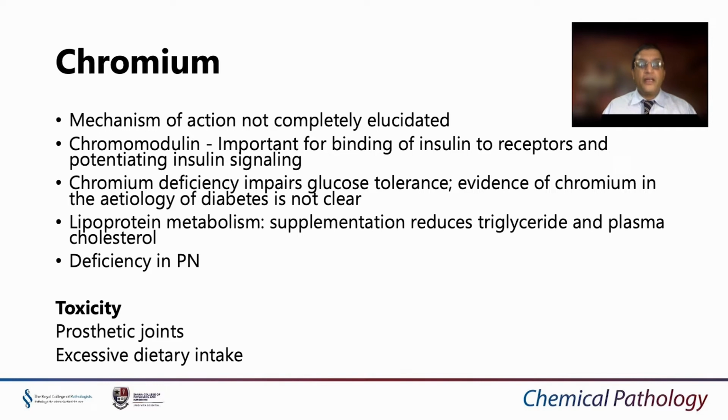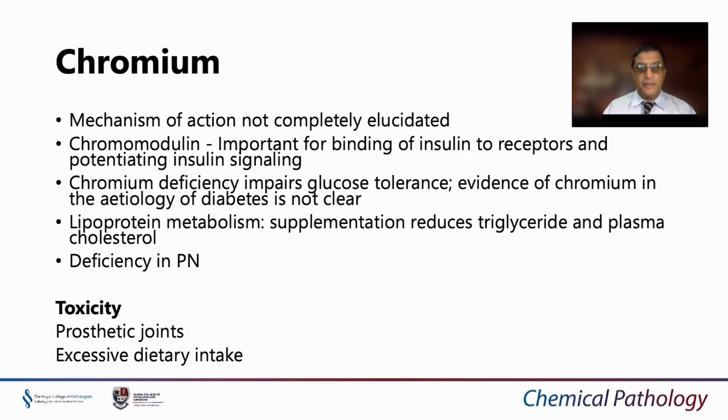Chromium. Chromium's mechanism of action is incompletely elucidated, and chromodulin is thought to be important for its role in insulin signaling. Chromium deficiency impairs glucose tolerance. However, its role in diabetes is not completely understood.